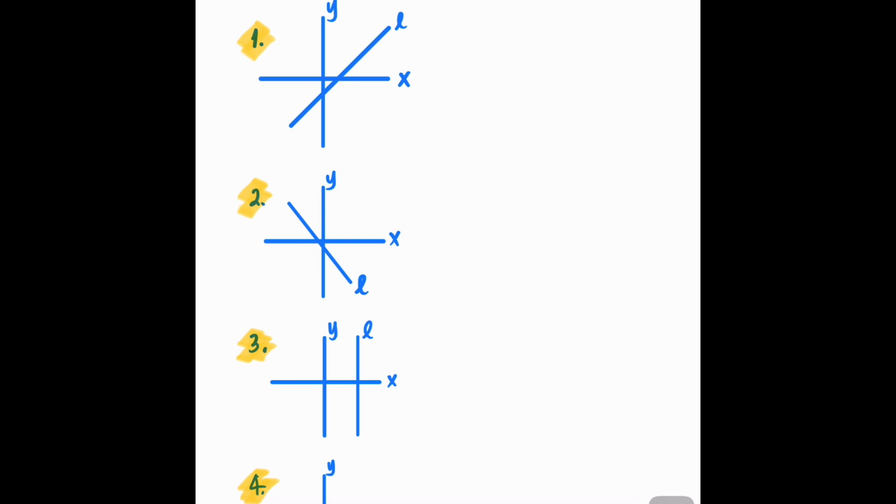All right, so for the first scenario, for number 1, as you can see, you have here the Cartesian plane. So you have the y-axis and the x-axis, which is the horizontal number line.